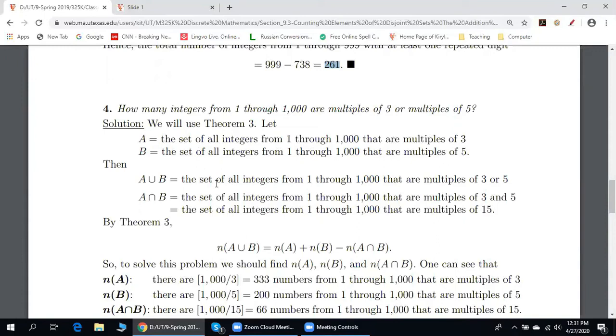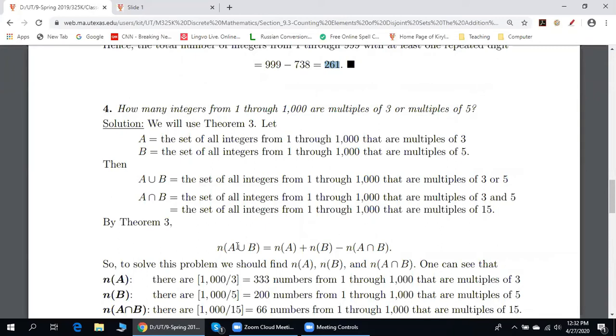A union B is the set of all integers that are multiples of either 3 or 5, or both. The intersection is the set of all integers that are multiples of 3 and 5, which means A intersection B is the set of all integers that are multiples of 15.